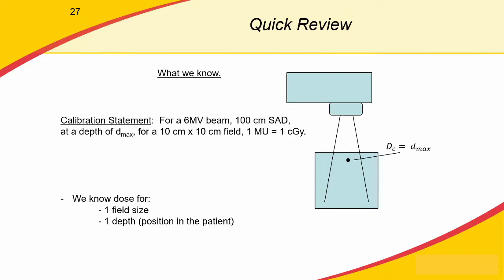When we calibrate our LINAC, we start with our calibration statement, which would read something like: for a 6 MV beam, at 100 centimeters SAD, at a calibration depth of D max for a 10 by 10 cm field, we know that we have set the output of the machine such that one monitor unit recorded by the machine is equal to 1 centigray of dose at our depth of calibration, D max in this case. So we know the dose for one field size at one depth for each beam energy of that treatment machine.